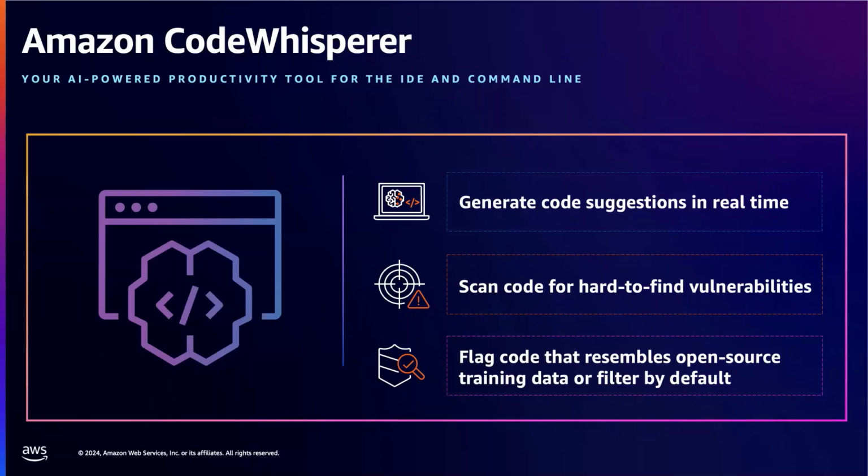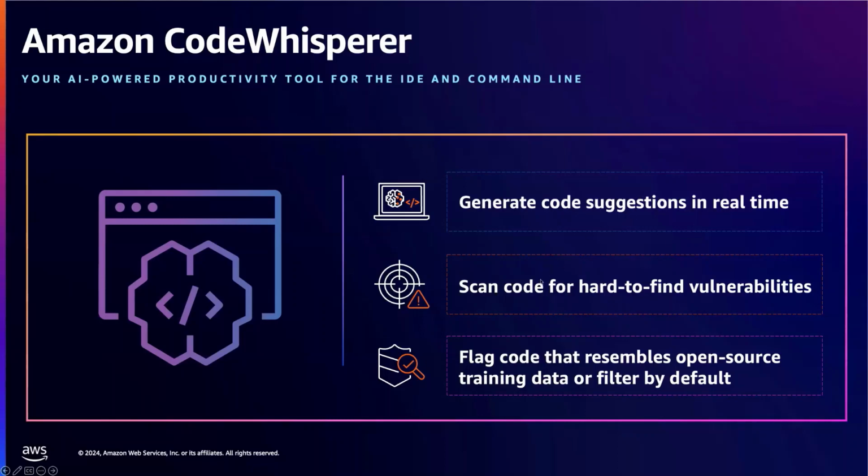And this is a fully managed service. It will integrate with your IDEs and will provide code suggestions in real time. It is trained on 10,000 billion records, both Amazon code as well as open source code. So hence it is much smarter in providing suggestions, and you can generate the suggestions in real time.